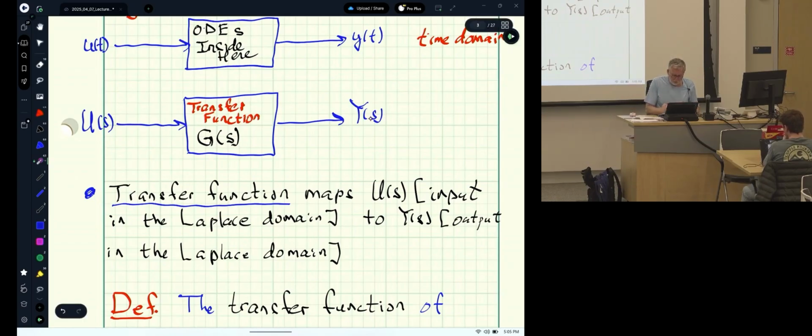And so Y equals G times U. So when you see this box, what's coming in is multiplying by what's inside. It's like a gain. So the beautiful thing is you now can treat ODEs as a frequency-dependent gain. Crazy, okay? It's really crazy.